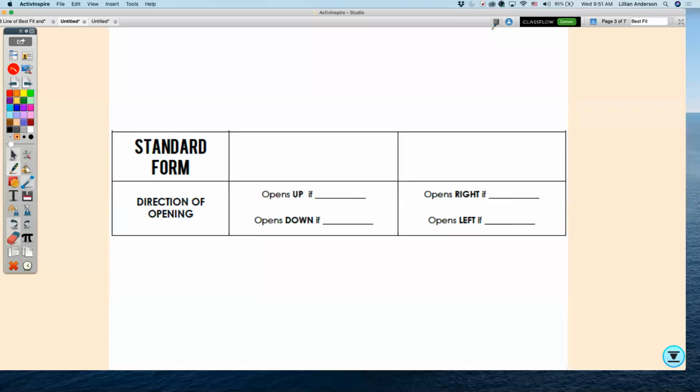Now, standard form for a parabola, okay? This is kind of like following along with the notes. So this is for those that are vertical. These are for the ones that are horizontal, okay? Vertical is essentially what you know. Those are like the classic quadratics that you guys have been working with before. This is when your x's are being squared. So standard form is x minus h squared equals 4p y minus k.